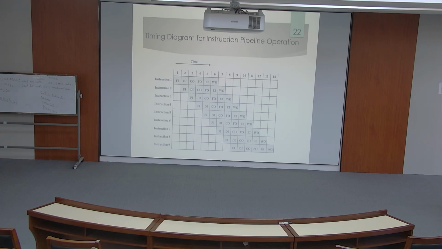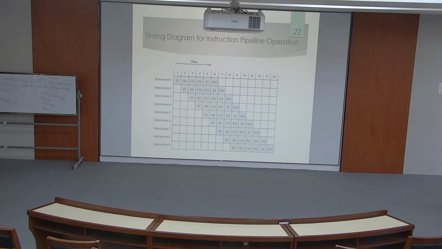Now instruction number 2 goes into write operand in time 7. Our instruction number 3 will be in execution. Our instruction number 4 will be in fetch operand. Instruction number 5 will be in calculate operand.